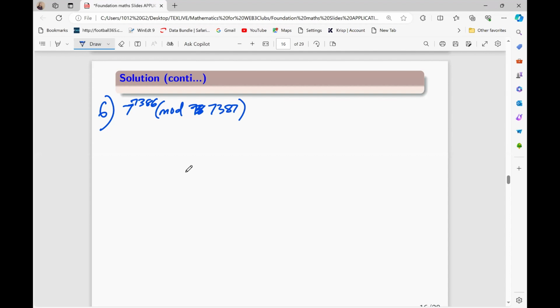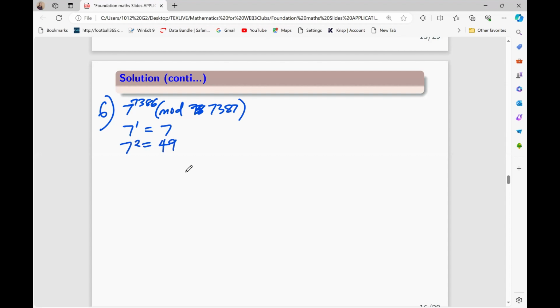Using the squaring formula. So we're going to do 7 to the power of 1, the 737, which is going to be 7. And then 7 to the power of 2 is going to be 49. 7 to the power of 4 is going to be 49 times 49, 2401.